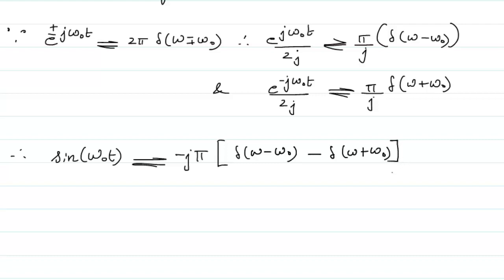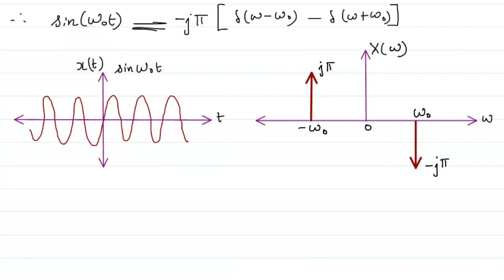So this is the Fourier transform of a sine function. If I plot this for sine omega naught t, you can see I get two delta functions.